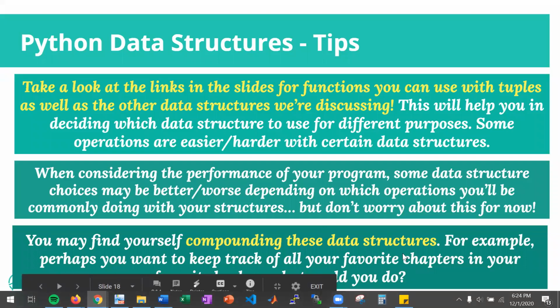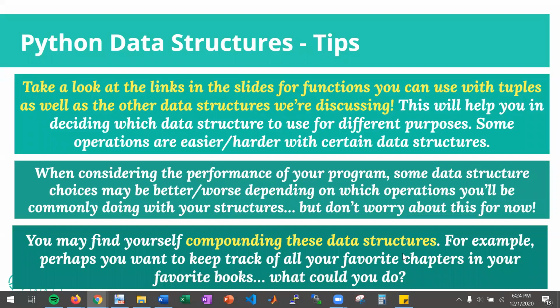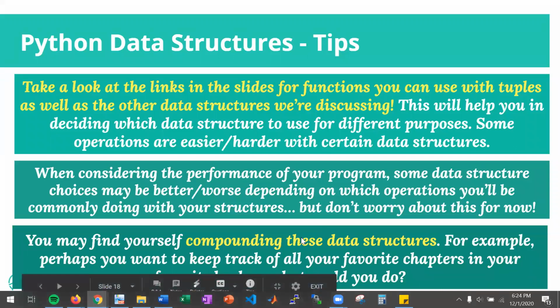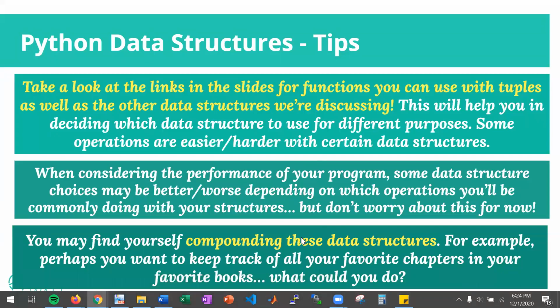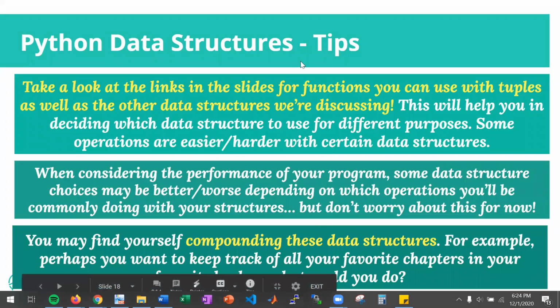You could use a dictionary with tuples as the values. I'm just saying this off the top of my head, but you could look up each book title as a string and have it mapped to a tuple that contains the chapters that you enjoyed most or something like that.